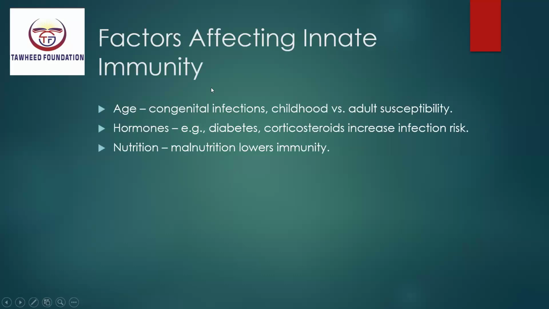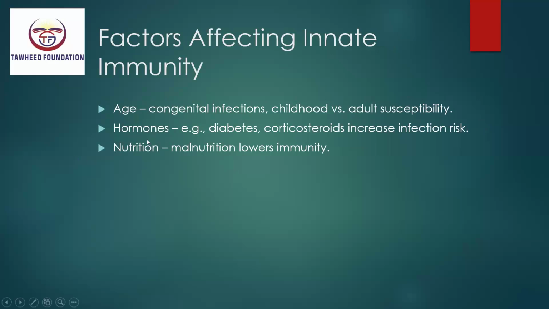Factors affecting innate immunity. There are several factors that determine the degree of innate immunity exhibited by the host, such as age. Certain infections are common in a particular age. For example, congenital infection like rubella is common in fetal life. Chickenpox and measles occur in children, whereas urinary tract infection is common in adults.